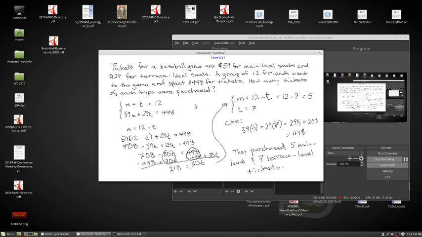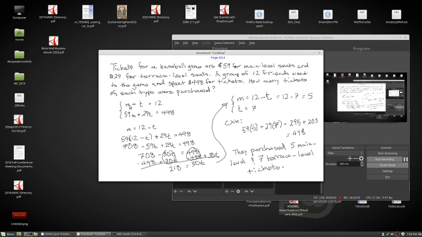We also know, using our mixture formula for values, that $59 times the number of main level tickets plus $29 times the number of terrace level tickets has to add up to $498.